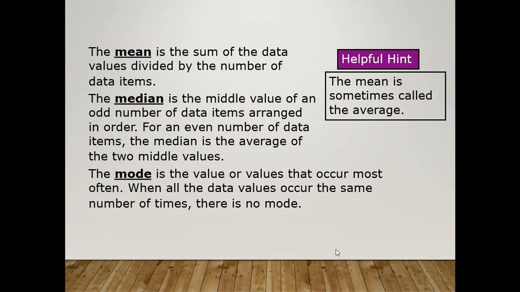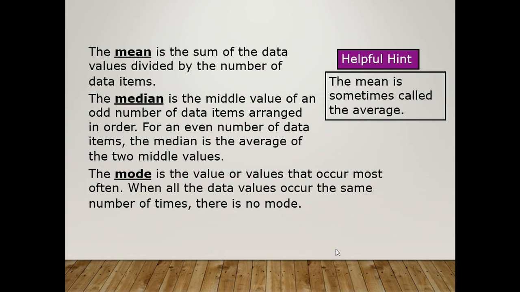Next is the mode. Kapag sinabi naman nating mode, mga anak, ito yung value or this is the data na kung saan maraming beses siyang nag-occur doon sa data set natin. Or sabihin natin na siya yung may pinakamalaking frequency sa lahat ng data natin. Meron tayong classifications pagdating sa mode.